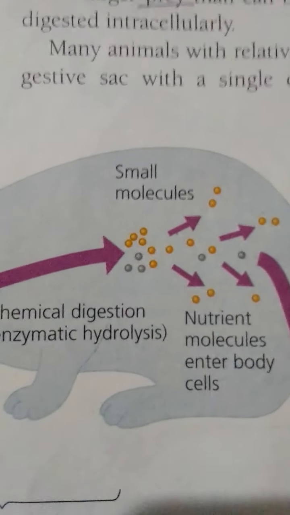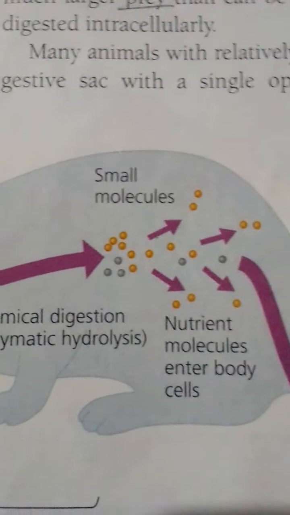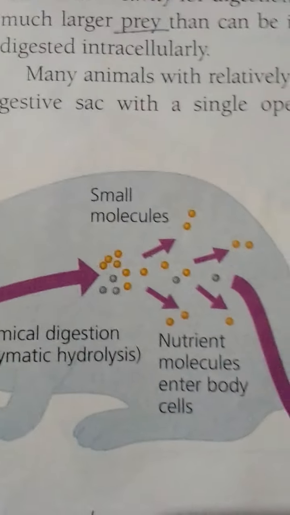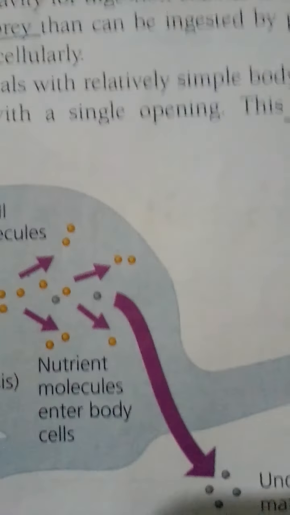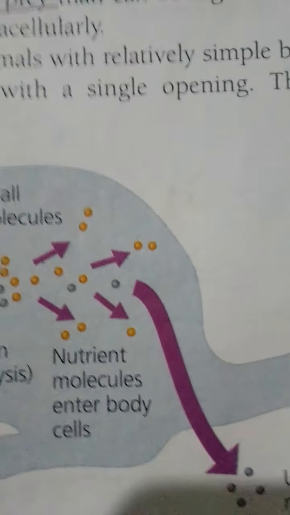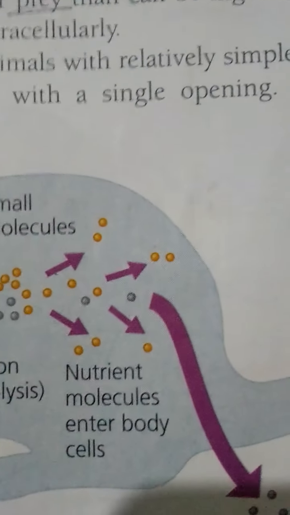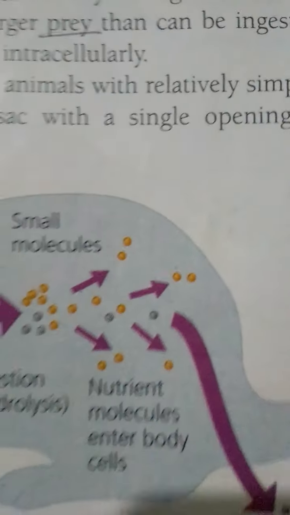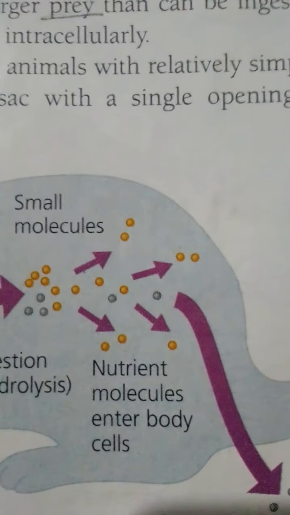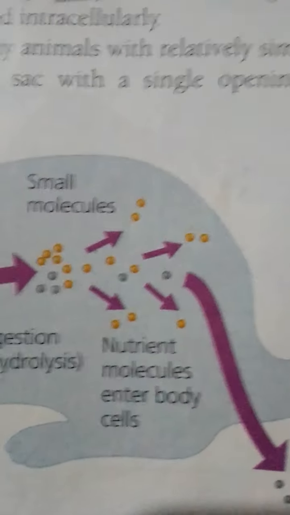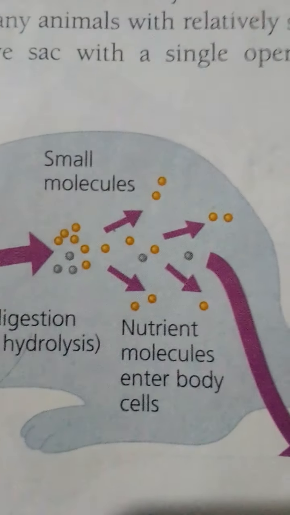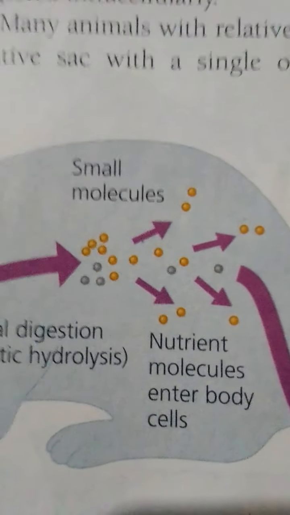Recall from chapter 5 that a cell makes a macromolecule by linking together monomers. It does so by removing a molecule of water for each new covalent bond formed. Digestion reverses this process by breaking bonds with the addition of water. The splitting process is called enzymatic hydrolysis.